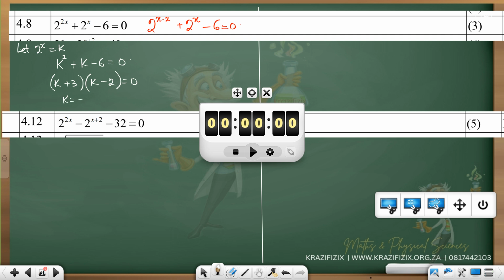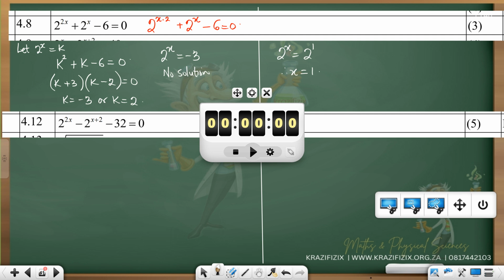So k will be equal to negative 3, but we are not interested in k. Our k is 2 to the power x. This one has no solution. When we deal with exponents, I'm going to really assist you again in understanding all of these no solutions. Then we have 2 to the power x equals 2, which is 2 to the power 1. x equals 1. Is that what we got?